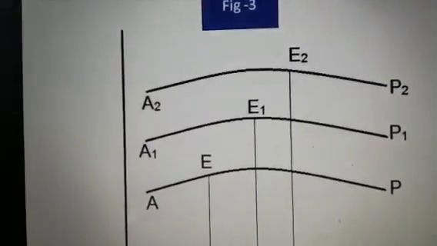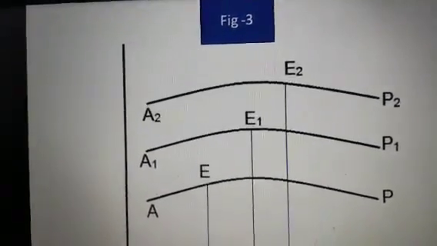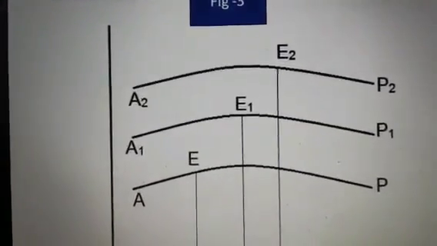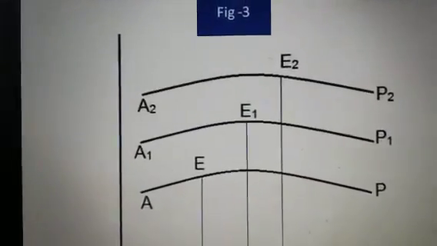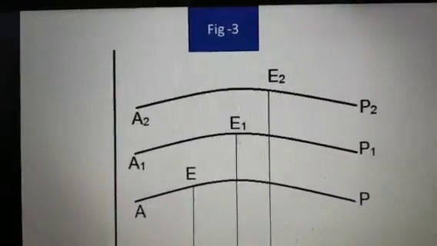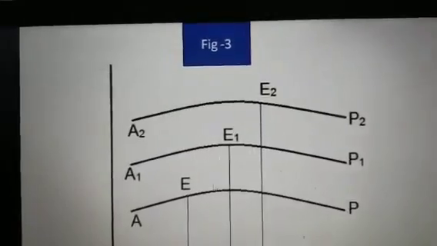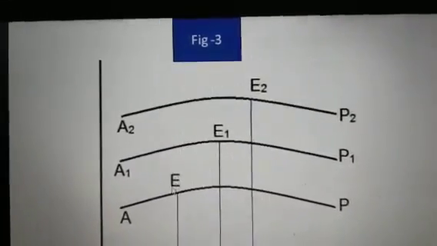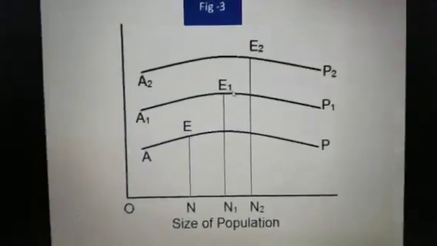We have to increase our resources, we have to develop skills, we have to invent new technologies, we have to go for a good and modern agriculture system. Then from E we move to E1 and E2, and this E1 and E2 is a growth story. And then we can say that the optimum point can move from E to E1 and E1 to E2. So this is a dynamic stage.